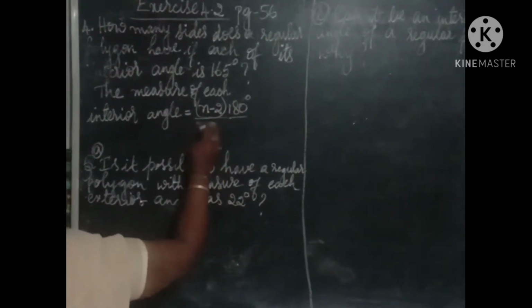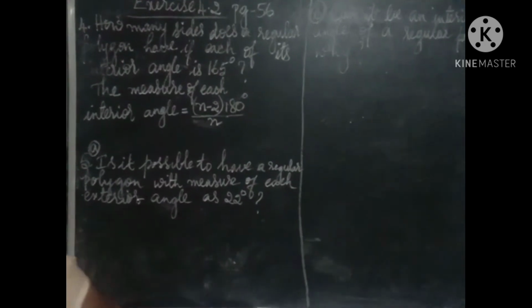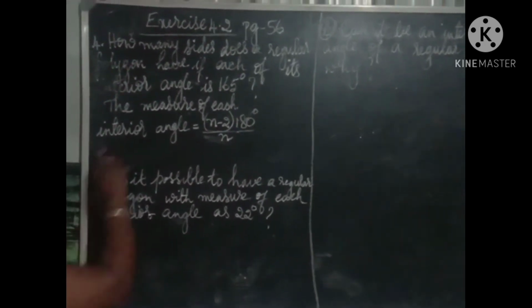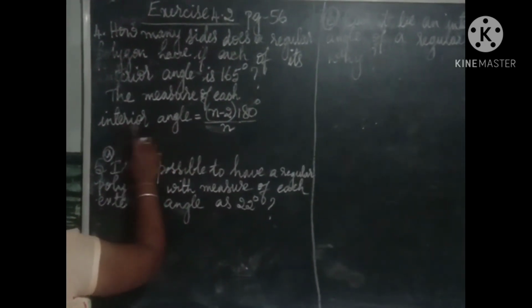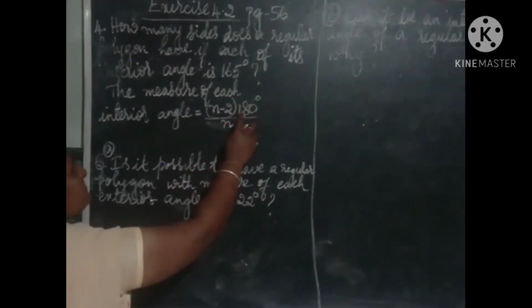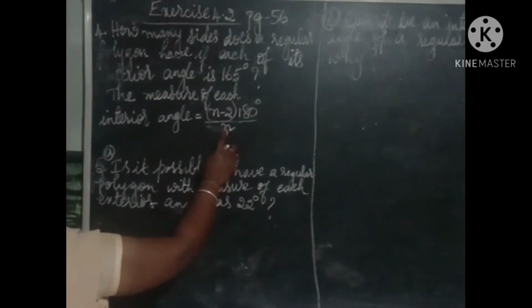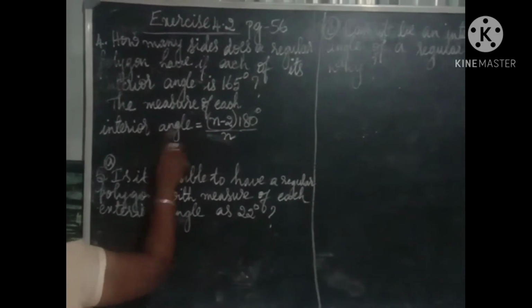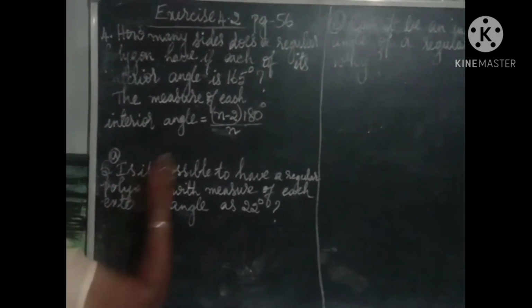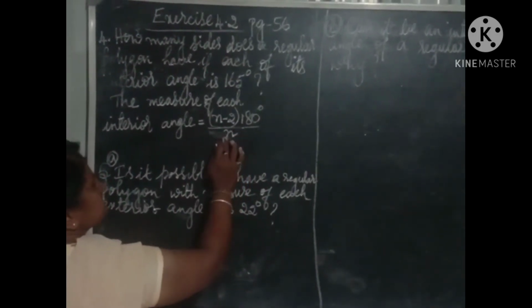See children, this is the formula. The measure of each interior angle is equal to n minus 2 into 180 divided by n. This is the formula in case of a polygon.